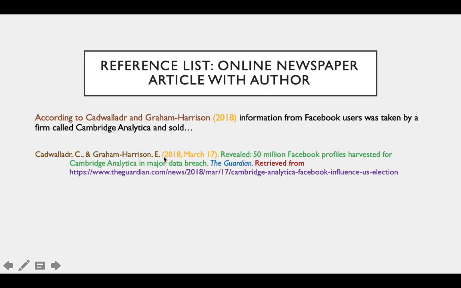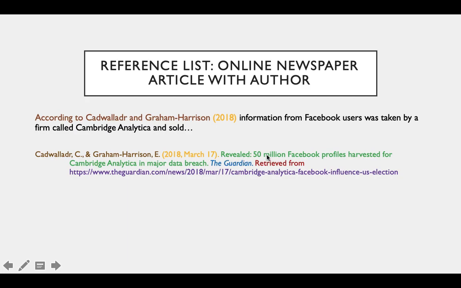Okay, space. It's very, very fiddly, but you have to follow it like this. And then, again, as with the company websites, we've got the year, we've got the month, and we've got the date, close brackets followed by a full stop.